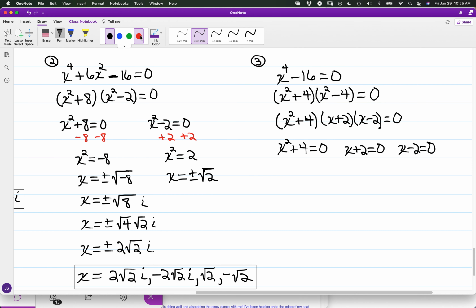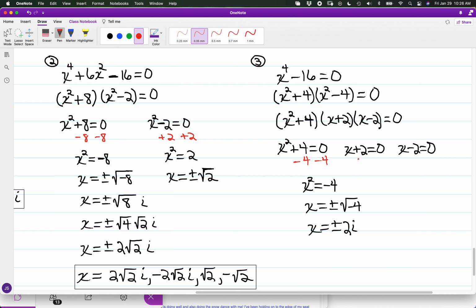With x squared plus 4, if I isolate the x squared term, we have x squared is equal to negative 4, and applying the square root property of equality, going from x squared to x, x is equal to plus or minus the square root of negative 4, so x is equal to plus or minus 2i.